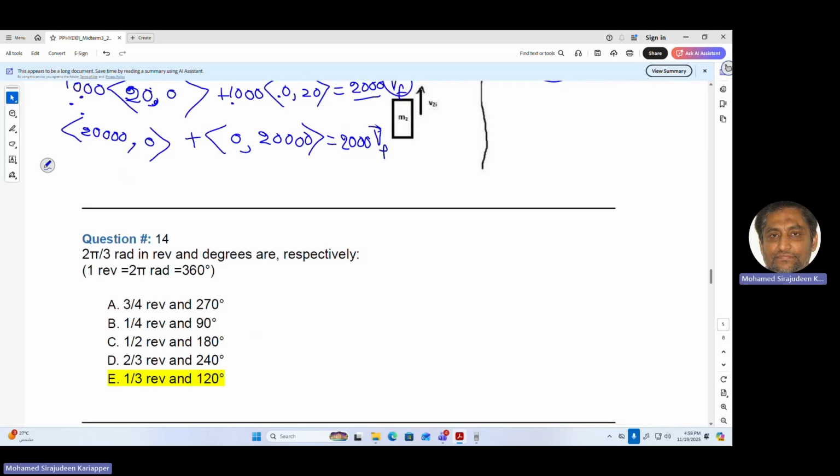Now you can add this. That shouldn't bother you. You know how to add vectors. Only the x's, 20,000 plus 0 will be 20,000. Only the y, 0 plus 20,000 will be 20,000 again, equal to 2000 VF.